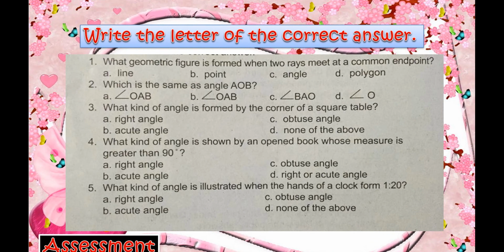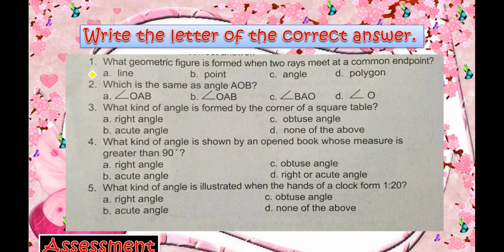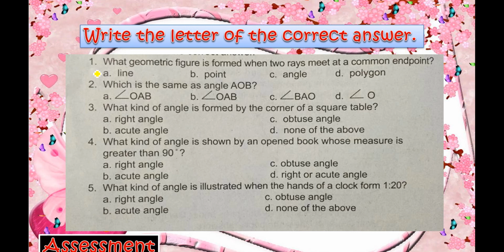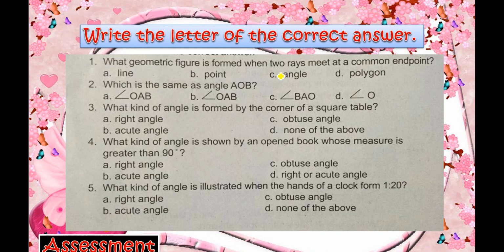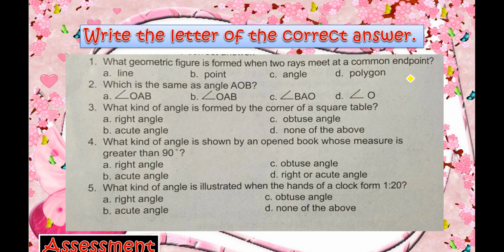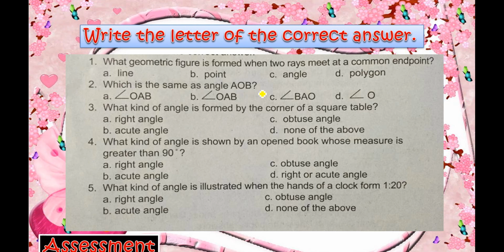And for your assessment, answer the following numbers. Read the questions and answer them correctly. Number 1, what geometric figure is formed when two rays meet at a common endpoint? Number 2, which is the same as angle AOB?